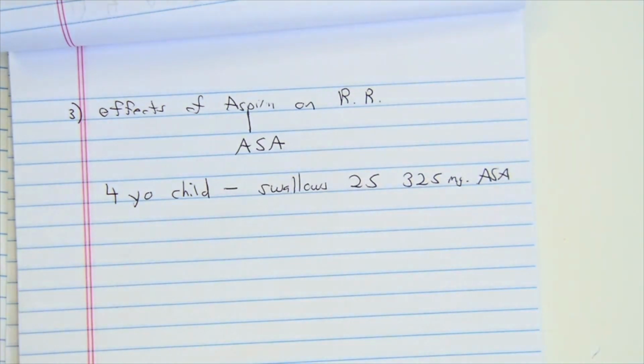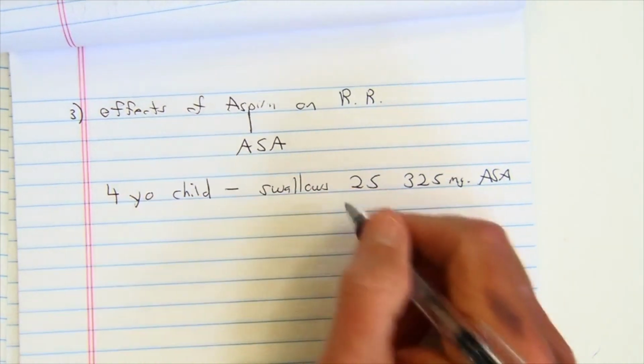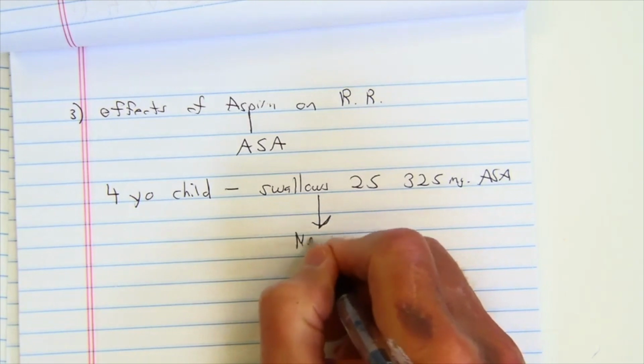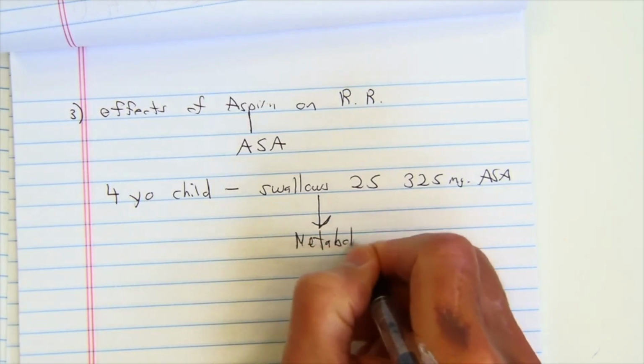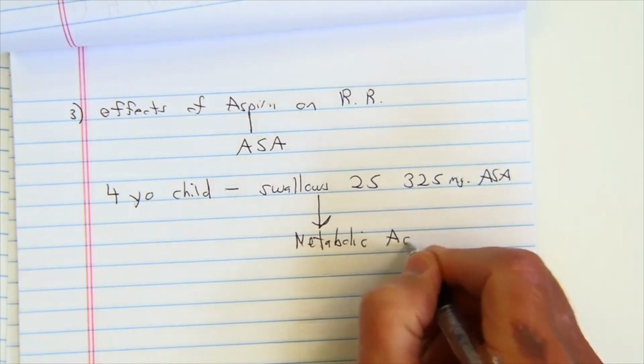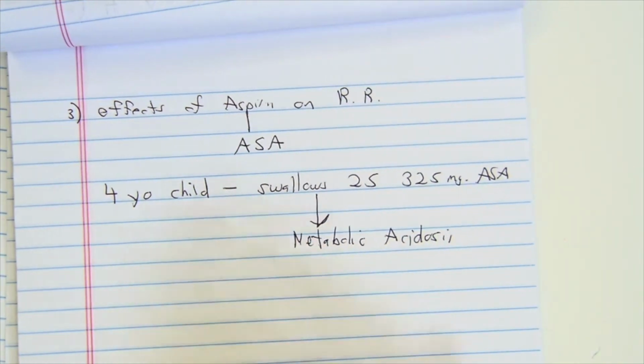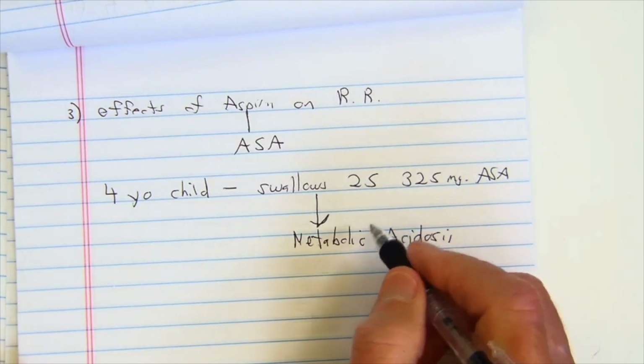Well, the first thing most people would think is that if I swallowed a bunch of acid, it would cause a metabolic acidosis, because we've overloaded the body with acid. But in effect, that is not the initial mechanism.